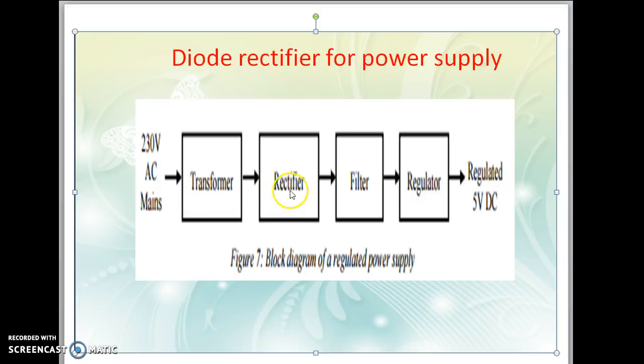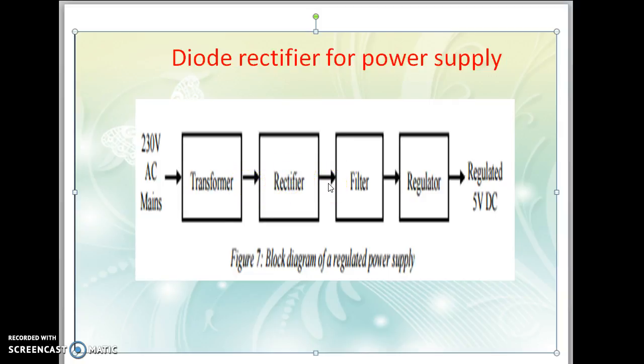For the power supply, in order to get better efficiency, we'll use a full wave rectifier here. So we may use either a center tap full wave rectifier or a bridge type full wave rectifier. The function of the rectifier is to convert AC into DC.